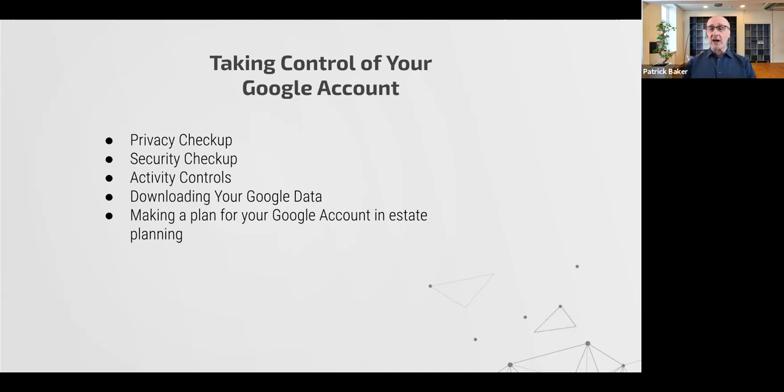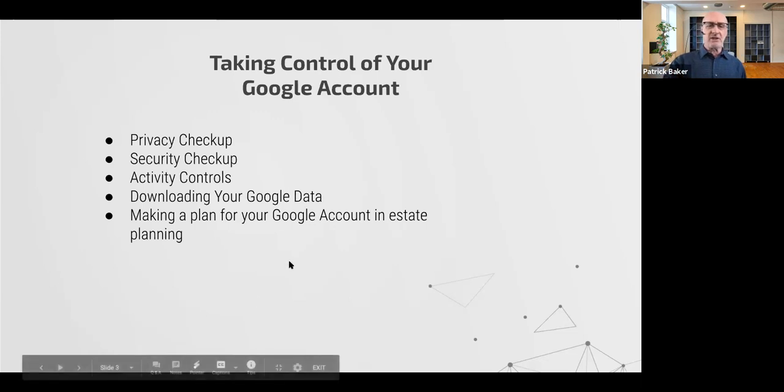How you can download a copy of your Google data if you decide at some point that you no longer want to store things in the cloud, or there's certain information that you want to have a backup copy of that you can store locally or in some other manner. And finally, what are the things that you can do with your Google account as part of estate planning? That's a fairly detailed thing that we'll go into shortly.